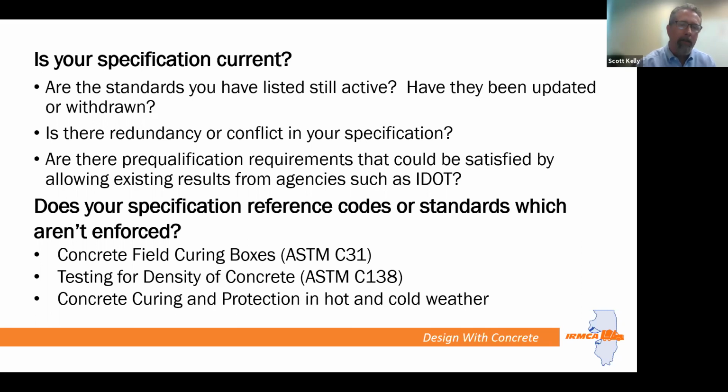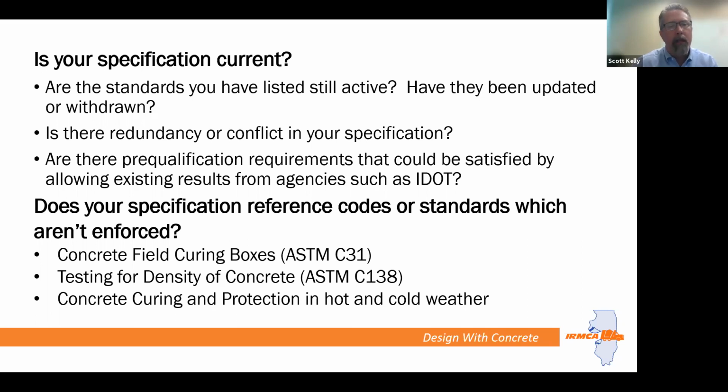They also have an ASR mitigation program in place. So it's worth considering that maybe some of those requirements or some of that testing could be utilized to satisfy the ASR requirements within your specification.